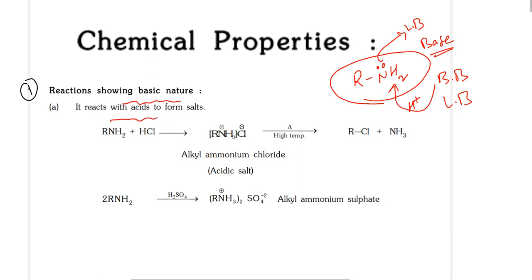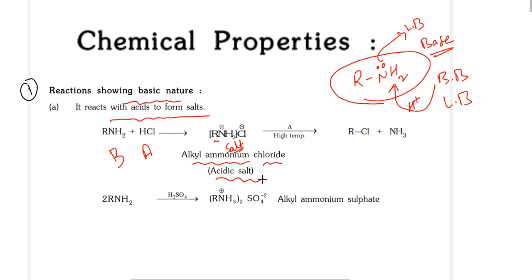It reacts with acid to form salt. Obviously, a base reacts with acid and forms salt. You can see here, it looks like ammonium chloride, but in place of one hydrogen, one R alkyl group is there. So it is alkyl ammonium chloride.